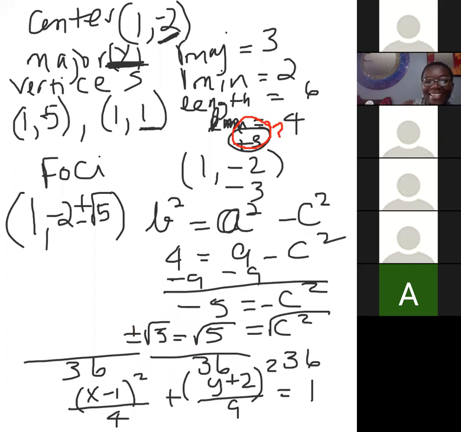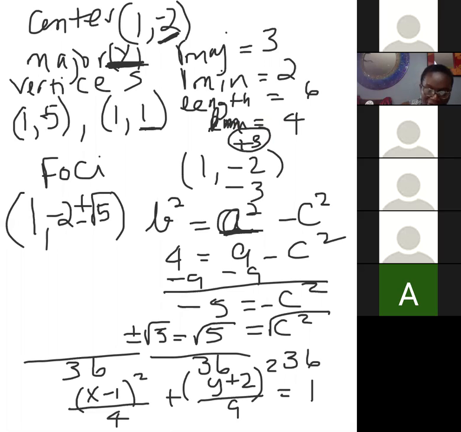All right. So guys, the main question: where did the 9 come from? The 9. Oh, okay. So remember, this is a squared. A squared is the denominator of the major axis. The major axis was y.